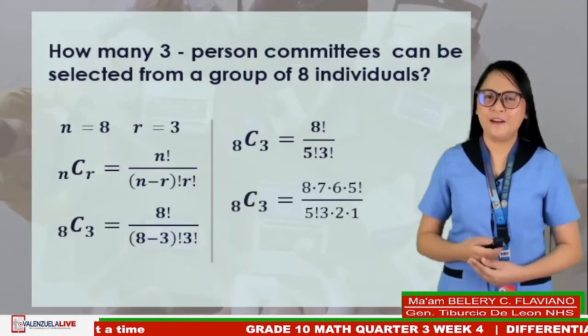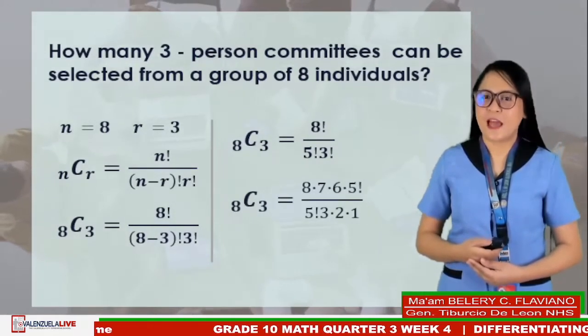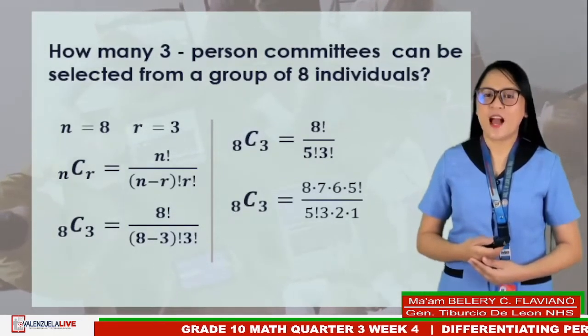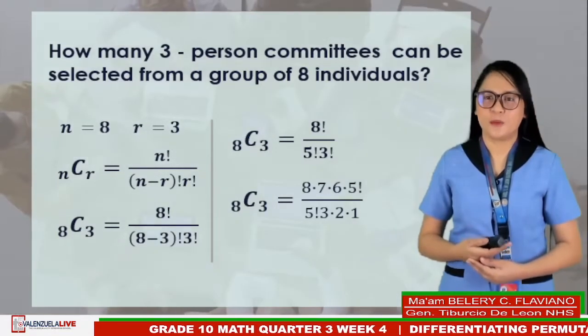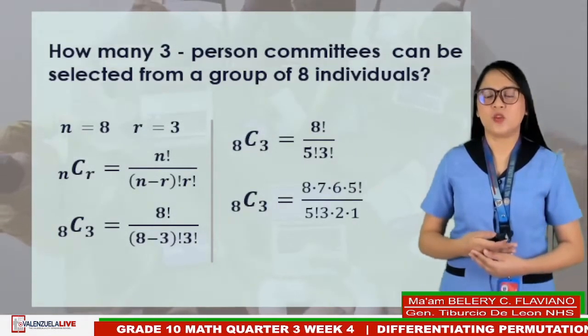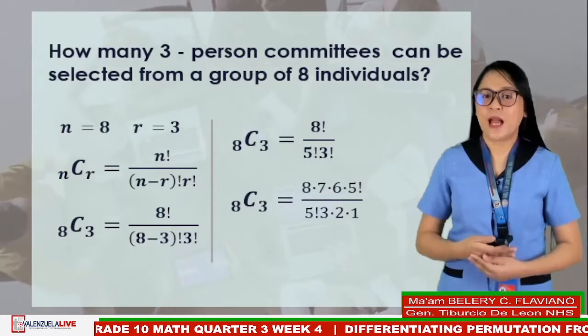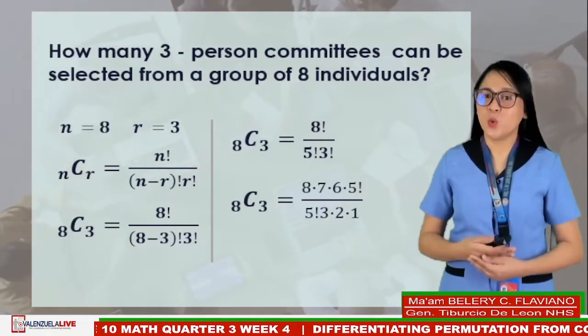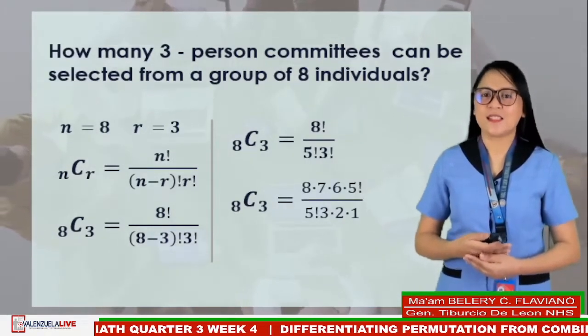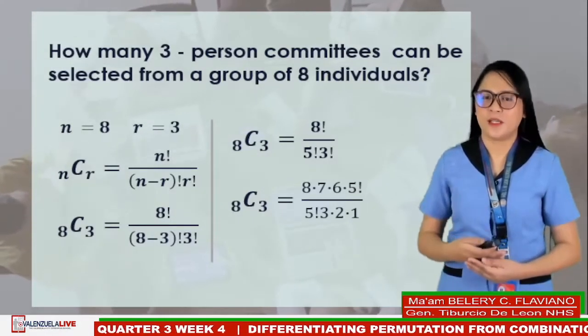Now we will have 8 times 7 times 6 times 5 factorial on the numerator, while on the denominator, we have 5 factorial times 3 times 2 times 1. And that's the expansion for the 3 factorial, okay?